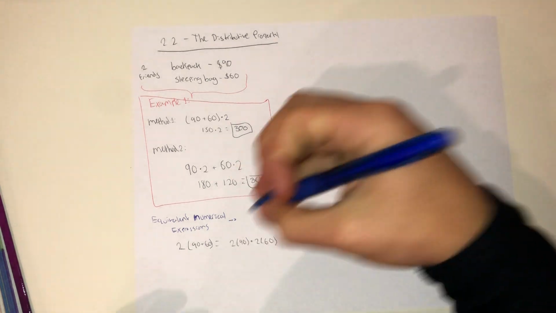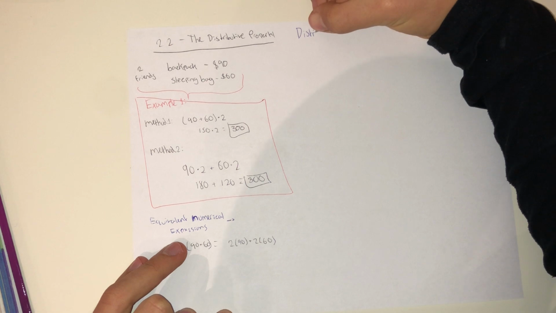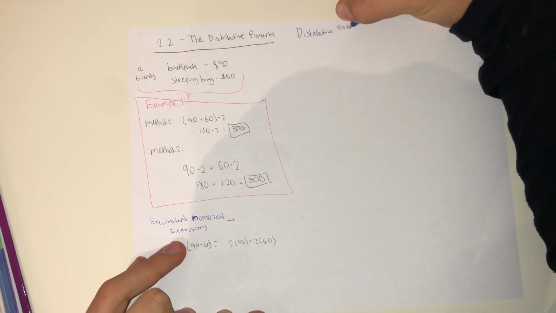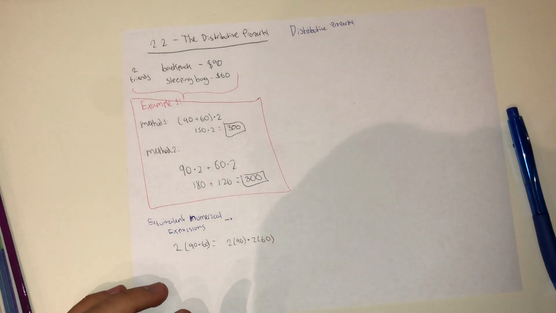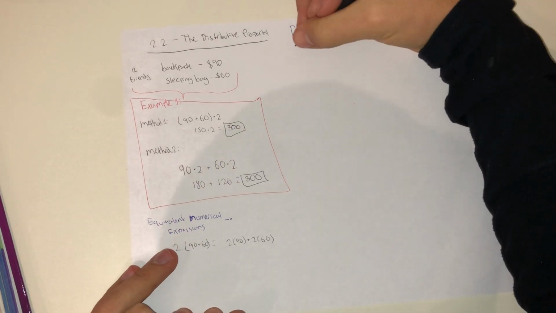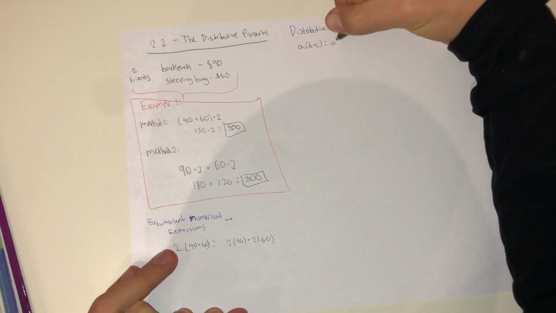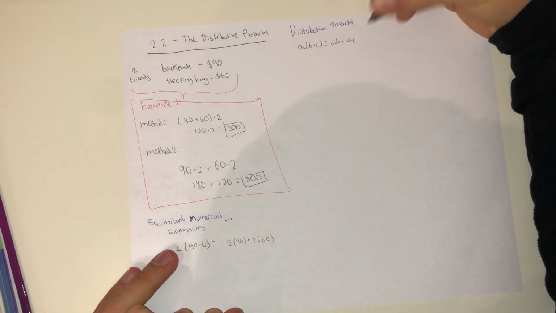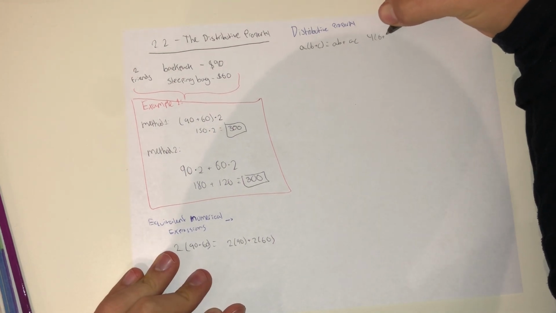is about. So let's bring this over here. Distributive property. This is basically that if you have A times B plus C, it's the same thing as AB plus AC, which if you do it with numbers, let's say you had 4 times 6 plus 3.